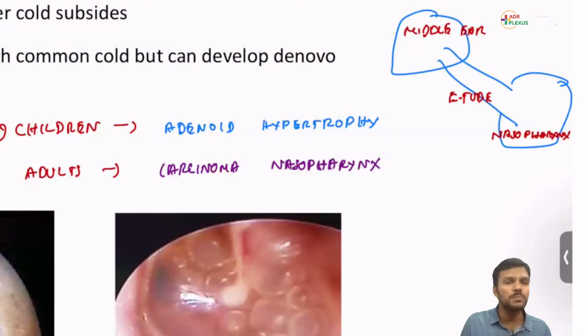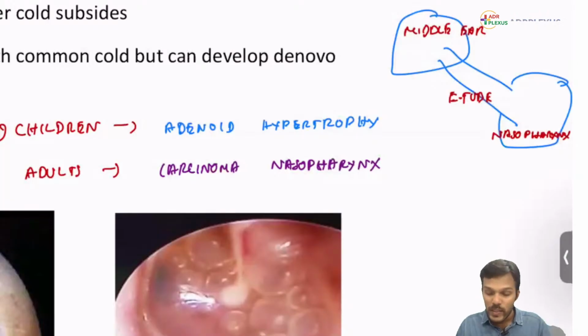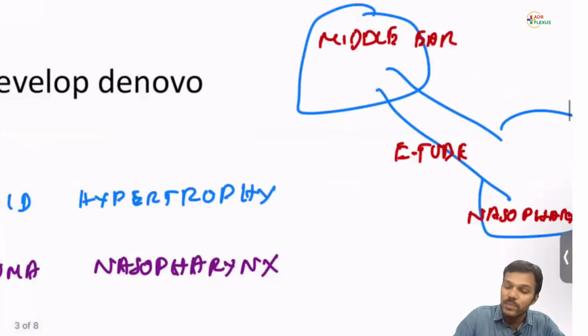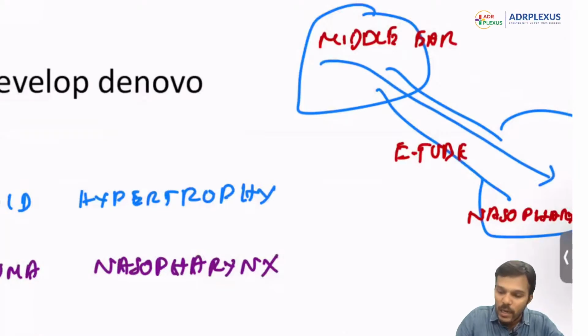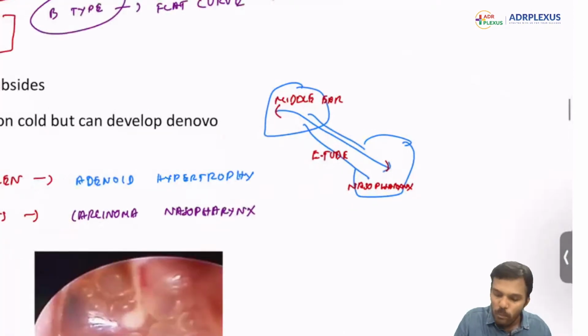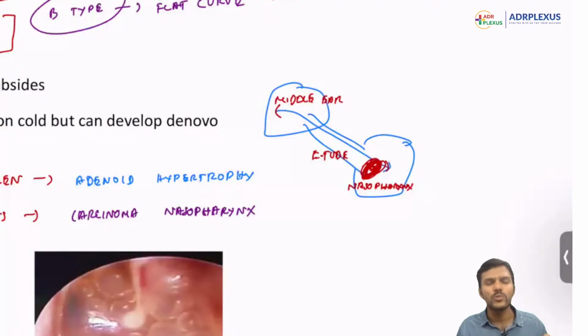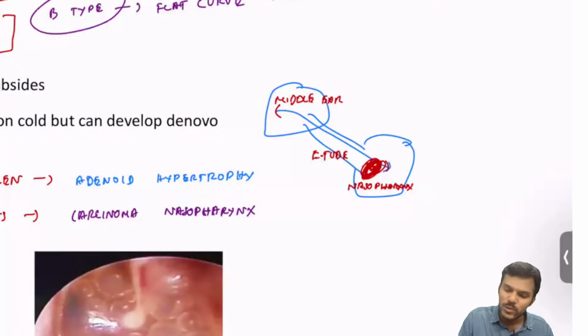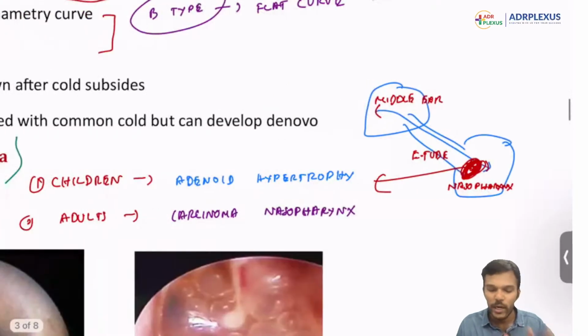Looking into this scenario, the eustachian tube connects the middle ear with the nasopharynx. So the air pressure between these two should be absolutely equal. If it is not equal, it could lead to blockage of the eustachian tube. What leads to the blockage? A mass occupying the nasopharynx: in children, adenoid hypertrophy; in adults, carcinoma nasopharynx.